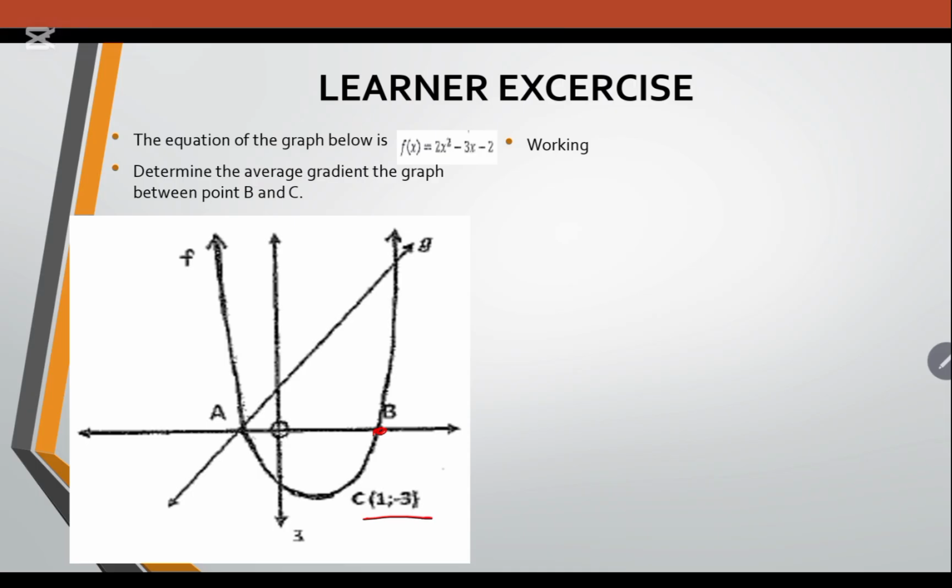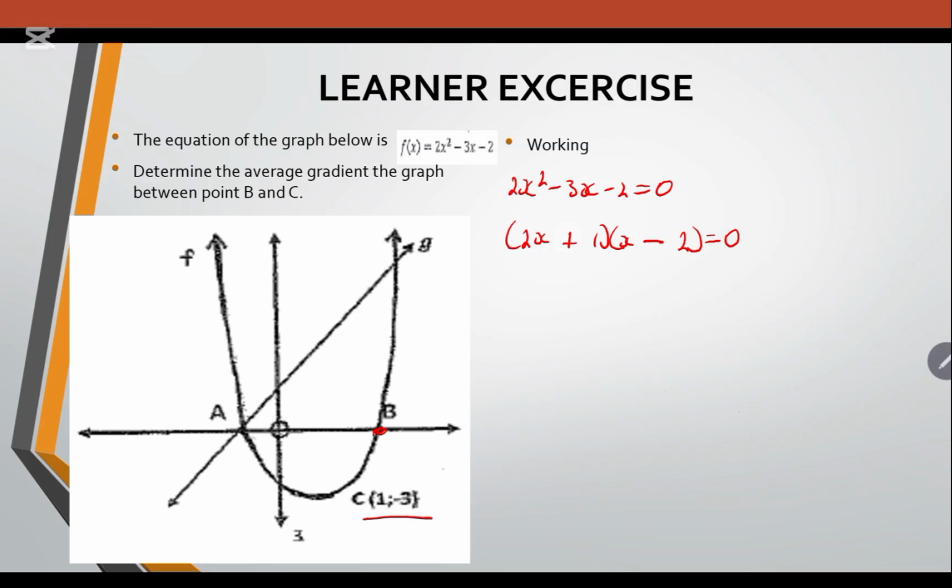So you simply factorize the equation. Let f of x be 0. So that is 2x squared minus 3x minus 2 is equal to 0. And we factorize. 2x times x will give us 2x squared. So we are looking for the factors whose product will give us negative 2, so this will be multiplied by 2, multiplied by 1, negative and positive.